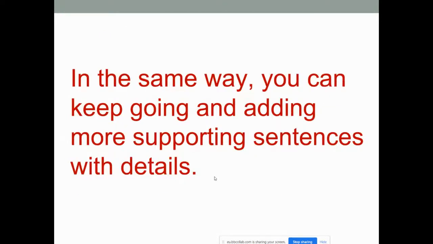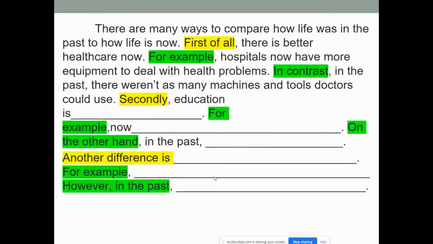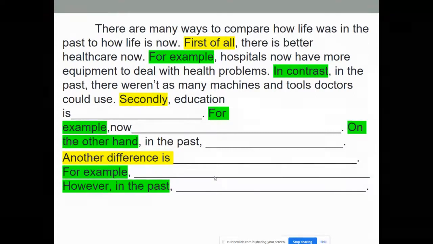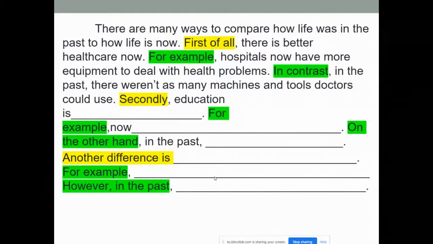Inshallah. So in the same way, you can keep going on and adding more supporting sentences with details. So now let's take the second point, and the second point was education. So you can start writing like this: Secondly, education is, and then you can add detail. Then you can add an example. For example, now this is this, and you can say on the other hand, if you want to contrast, or if you want to make it similar, you can say such as.